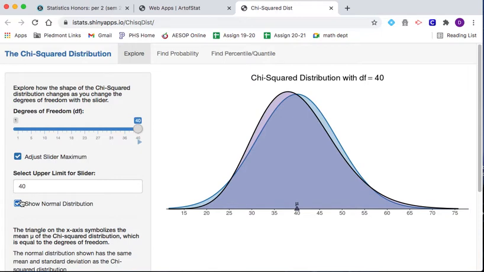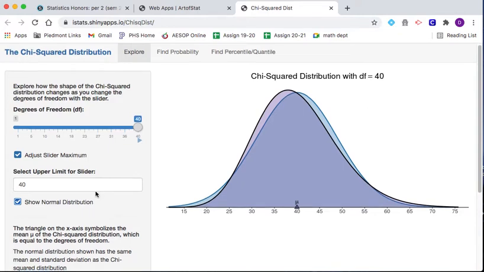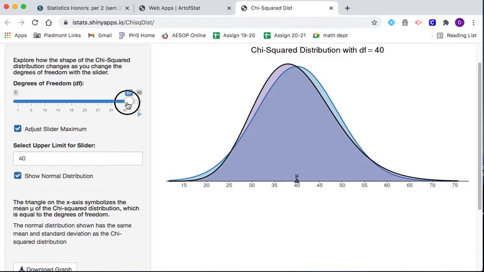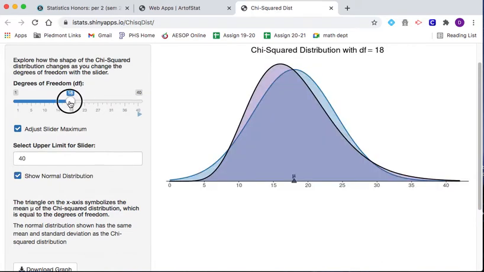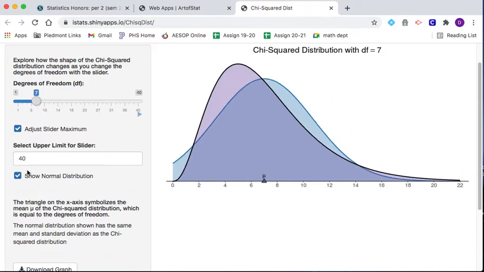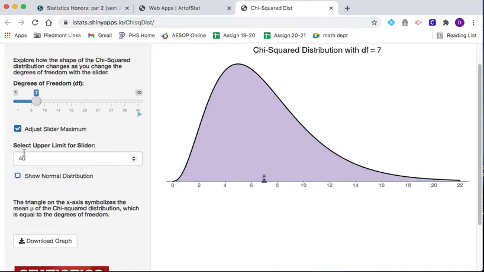So as we push up the degrees of freedom, the distribution starts to take on more and more of a normal look. That's the important relationship. As you lower the degrees of freedom, you get more skew in the sampling distribution. Let me take the normal out of there for a second. That's the lesson to be learned here.